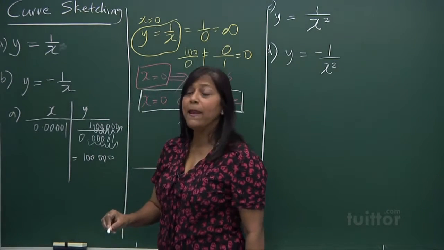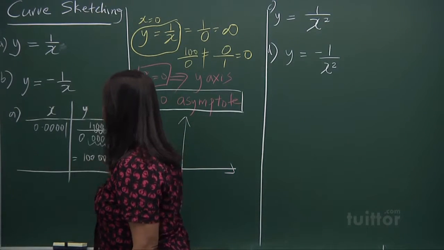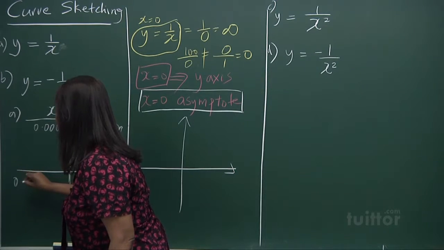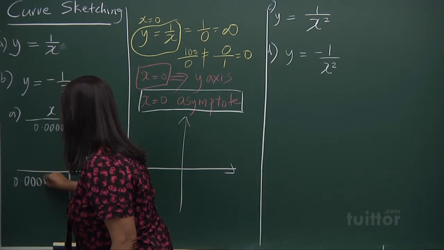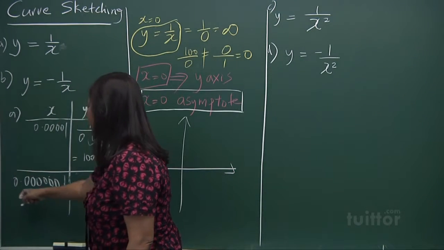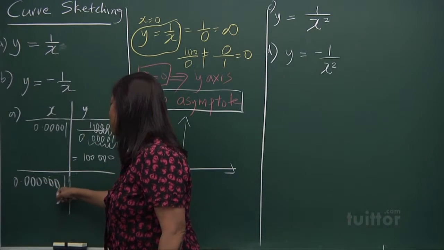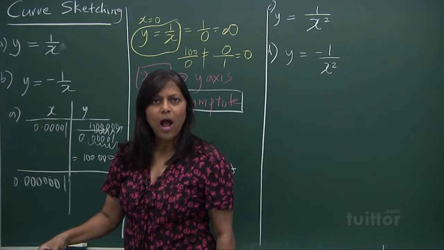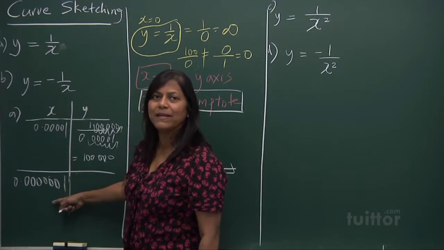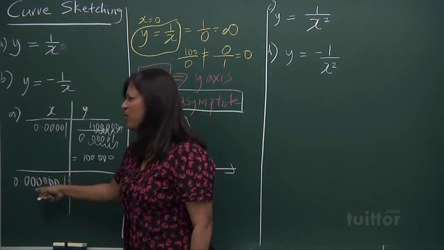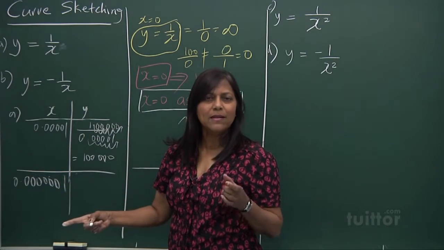Do you see what I meant? When x gets closer and closer to the 0 line, for example, x is 0.0000001, how many places are there? 1, 2, 3, 4, 5, 6, 7. y equals 1 divided by this hugely small number.